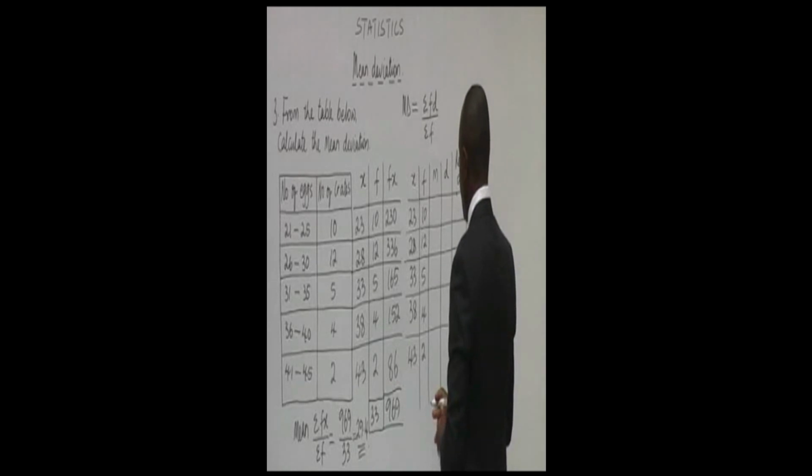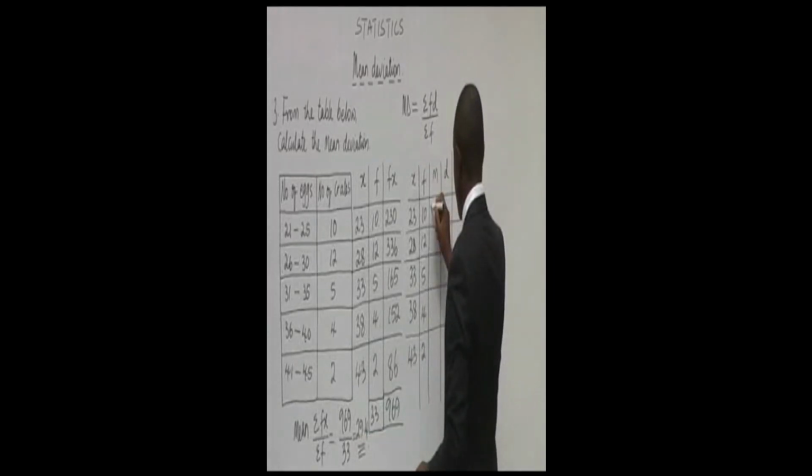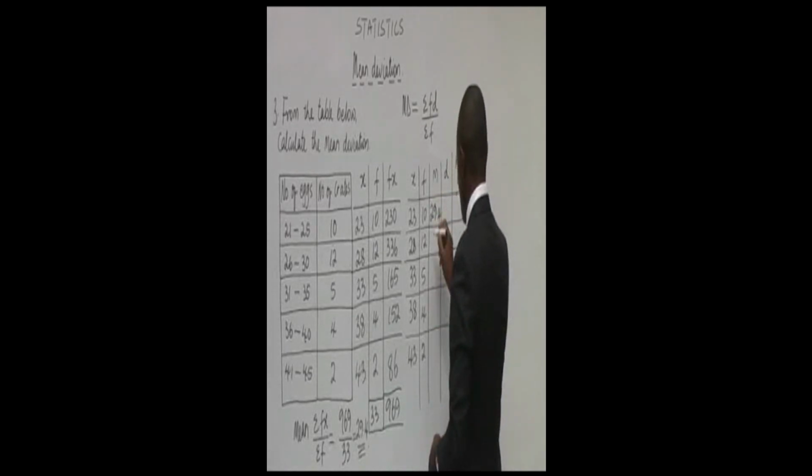Now the next is the mean. The mean we calculated that we want to use is 29.4. So you have 29.4 in all the columns.